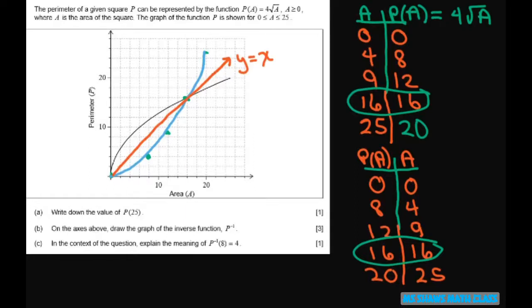And now it says, in the context of the question, explain the meaning of the inverse of P of 8 equals 4. Well, basically looking at the table, that's what it means. If this is 8, then your output is going to be 4.